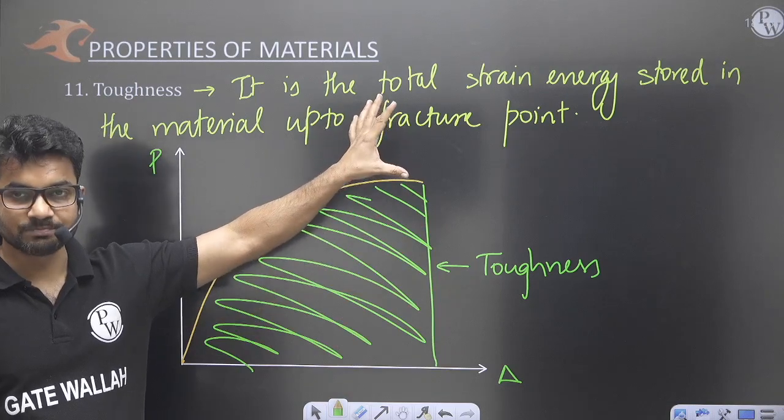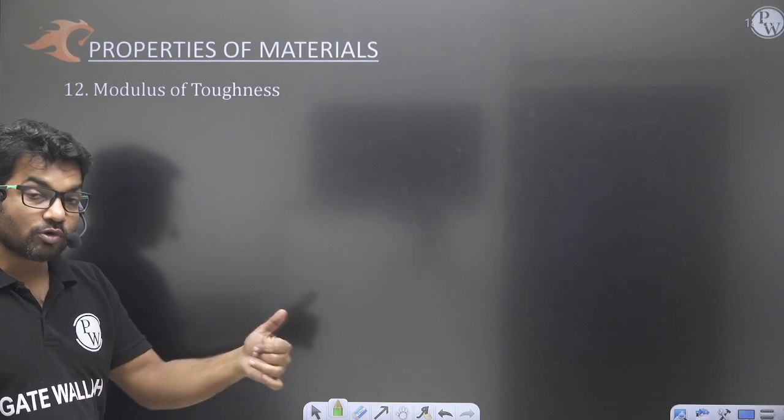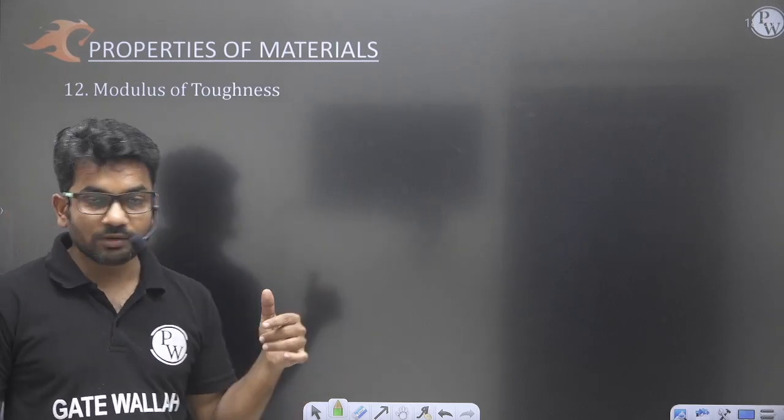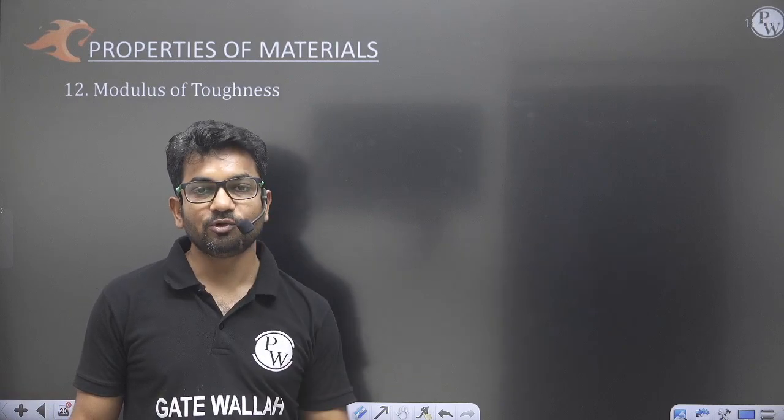Now there is another term, modulus of toughness. What will modulus of toughness be? It is the total strain energy per unit volume of the material up to the fracture point.